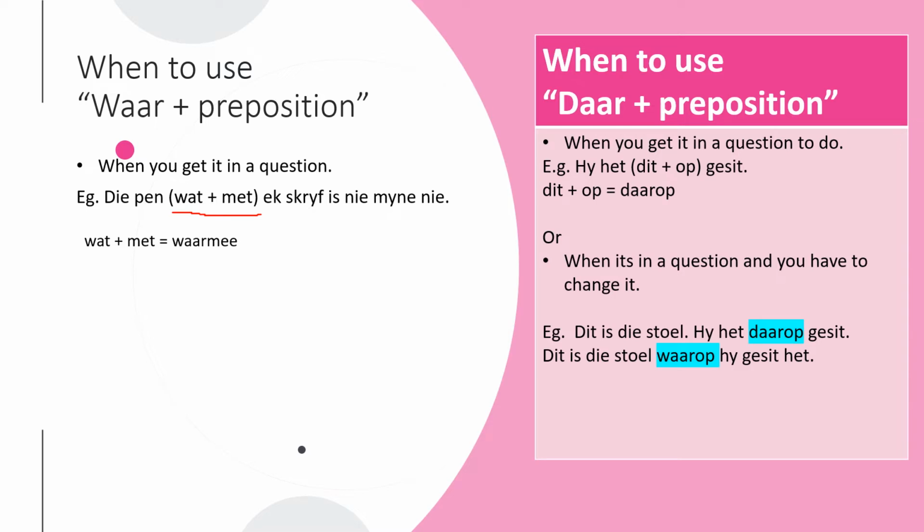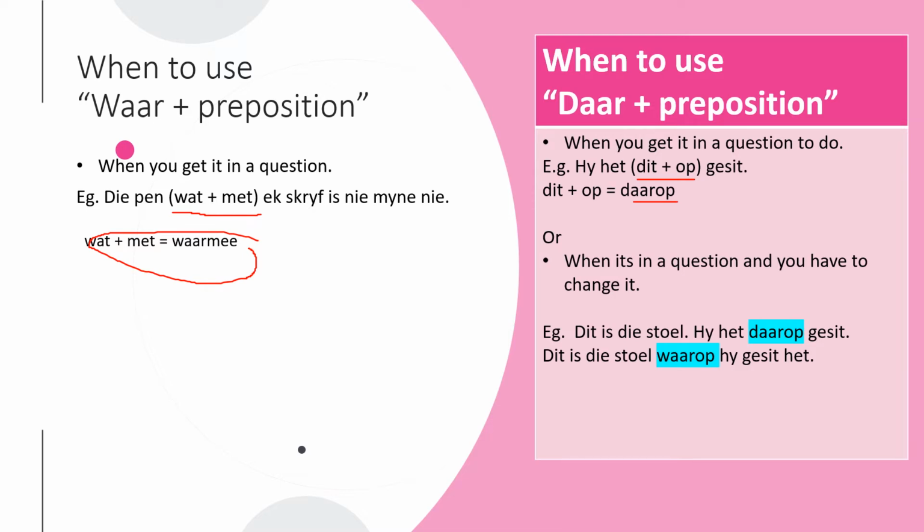Then you must say wat plus met equals waar meer. On the opposite side, it says when to use daar plus preposition. Once again, in the question I've said dit plus op. So when it's a case like that, we know we join it and that becomes daar op.